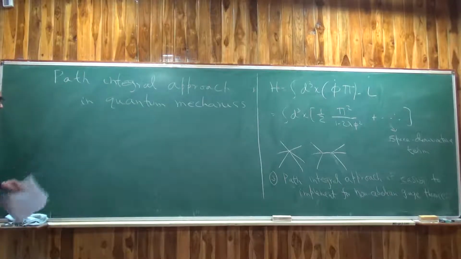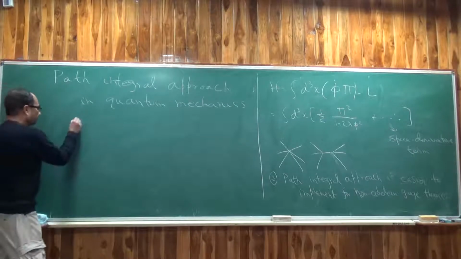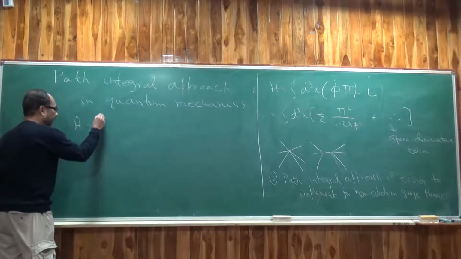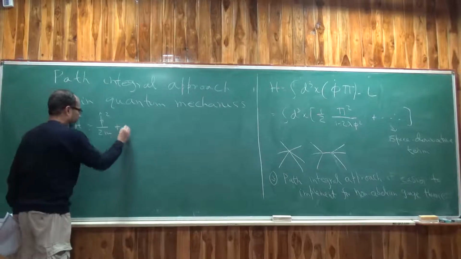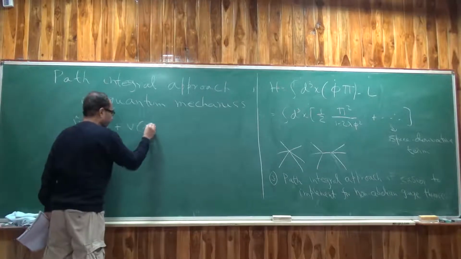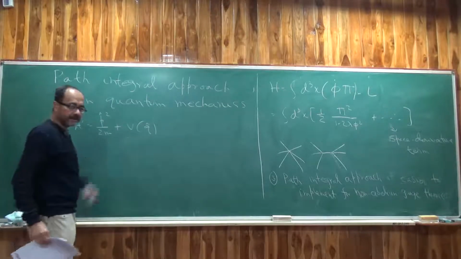Okay, so let's consider a simple quantum mechanical system for which the Hamiltonian has this form. The hats basically mean that they are operators.